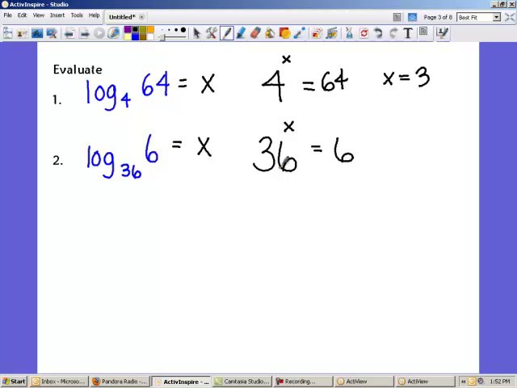So if we're going from 36 to 6, that rings a bell and says, I'm taking the square root of that number. And the way to express a square root as a fraction is a half. So I know that the exponent has to be a half in order for this to work.